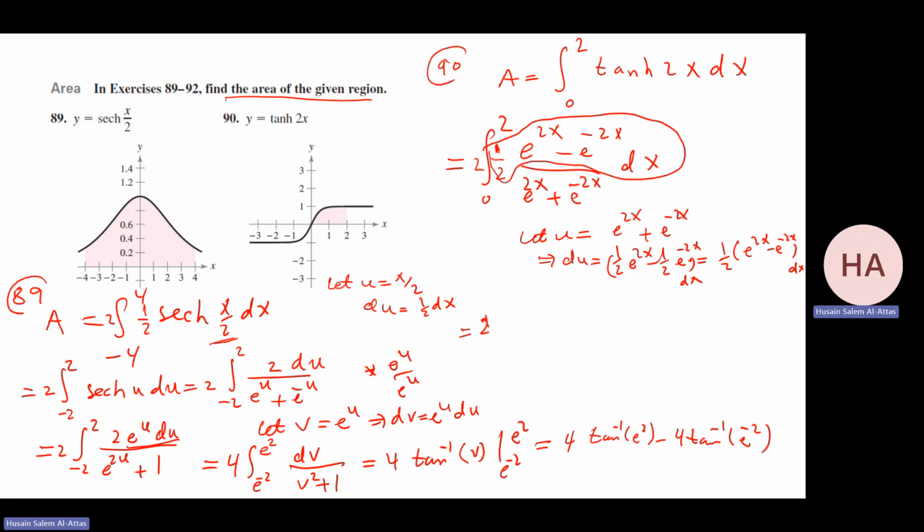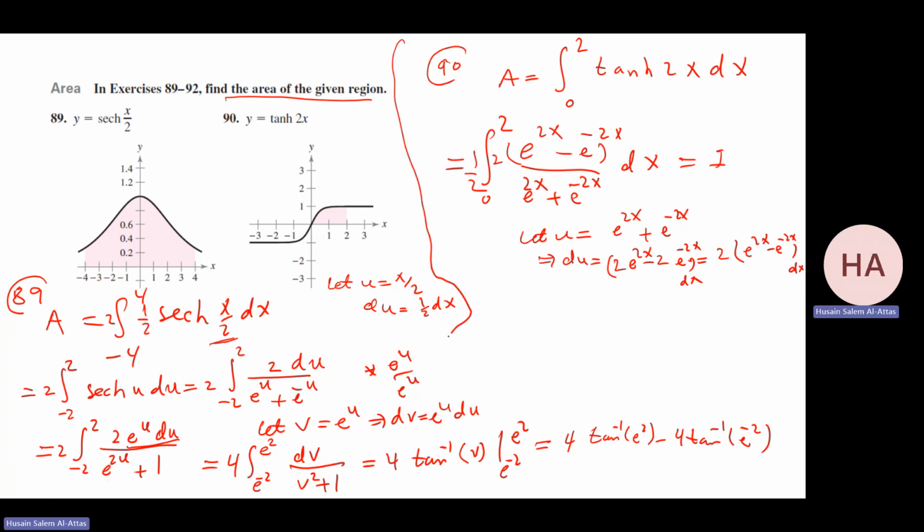I will have 2 times, no, not half, 2. Sorry. This is 2. Why half? So I need 2 outside. So it's the opposite. I have 2 here, and I have half outside. So call it I. I need the space for this.